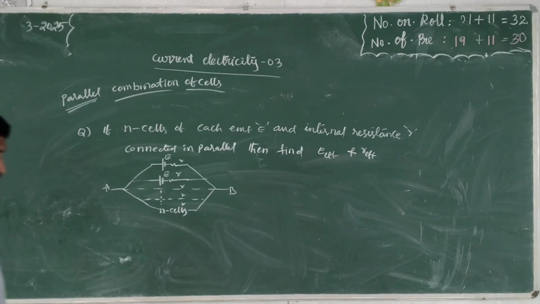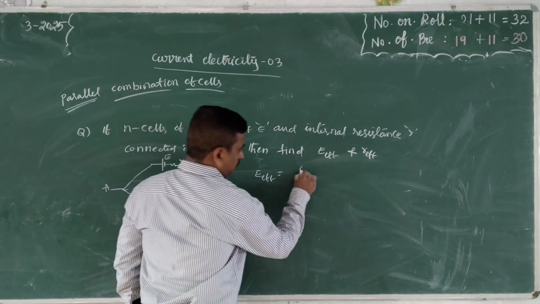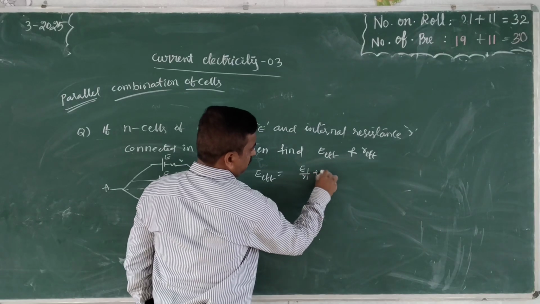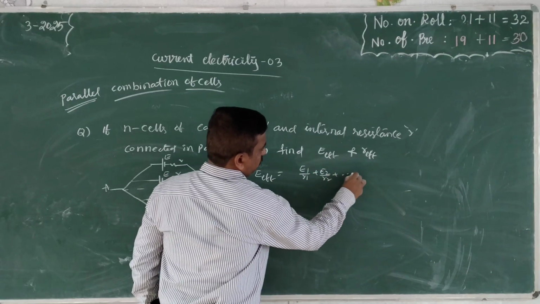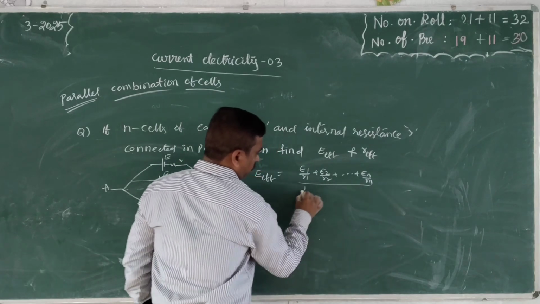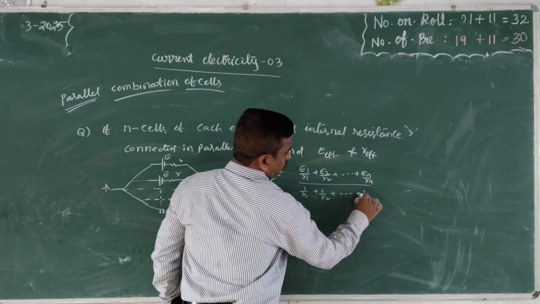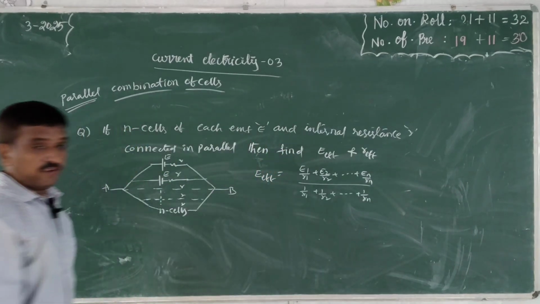In the parallel case, the effective EMF equals (E1/R1 + E2/R2 + ... + En/Rn) divided by (1/R1 + 1/R2 + ... + 1/Rn). This is the formula for effective EMF.